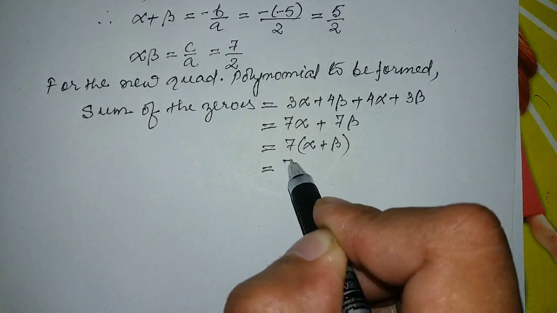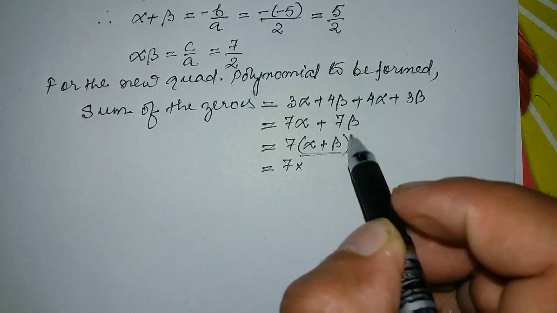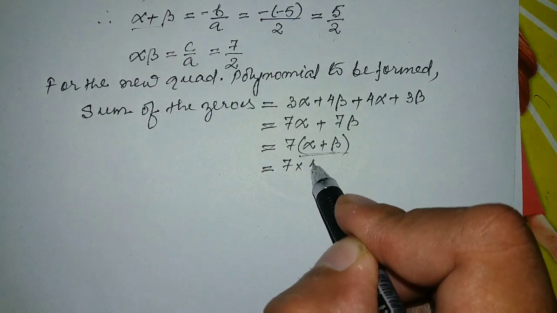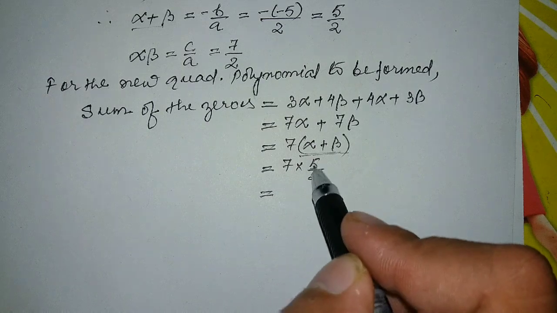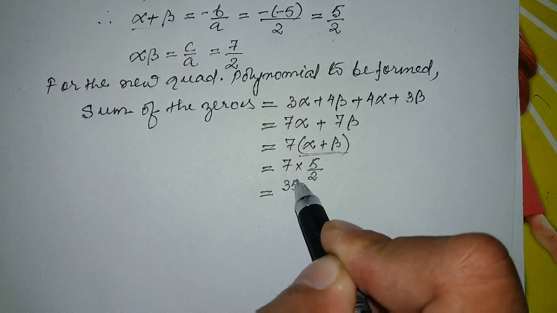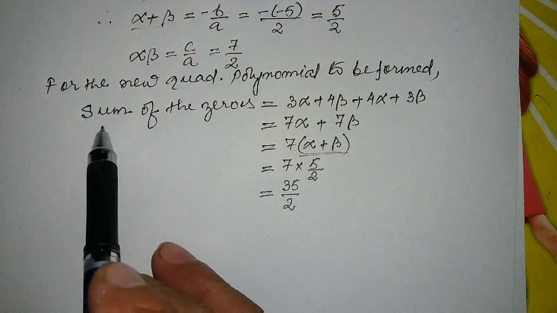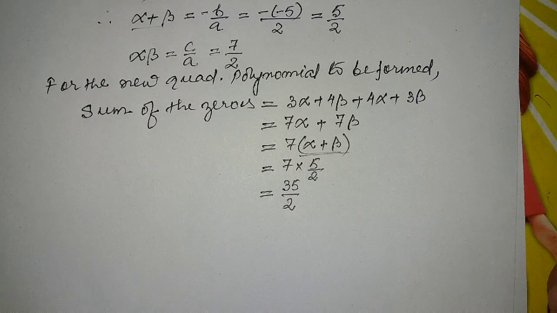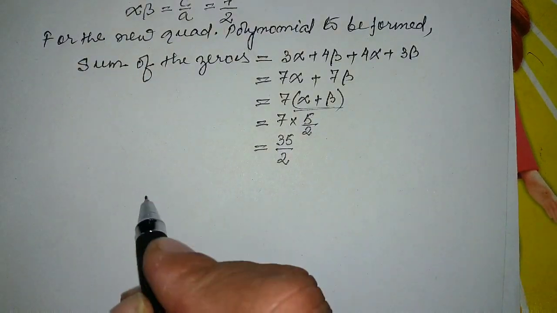Now this is equal to 7 into alpha plus beta, which is nothing but 5 by 2. So 7 5s are 35 by 2. Now this is the sum of the zeros for the new quadratic polynomial. Now we're going to find the product of the zeros for this new quadratic polynomial.